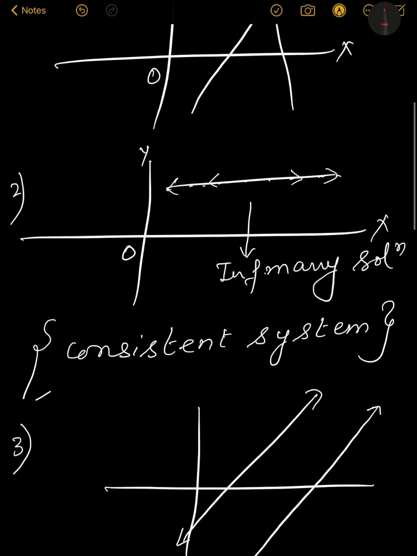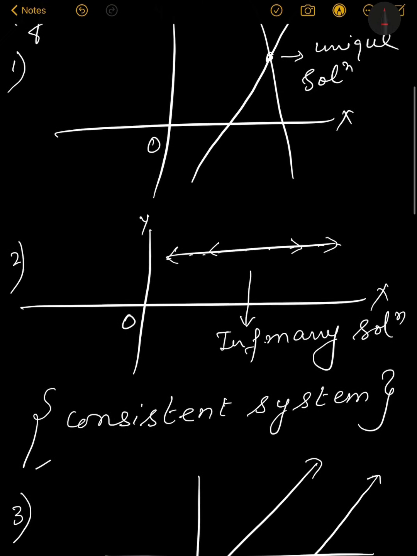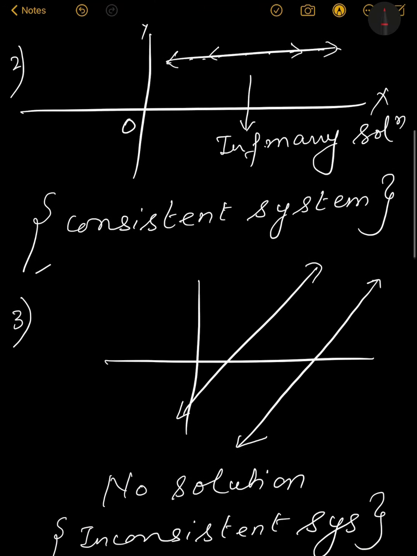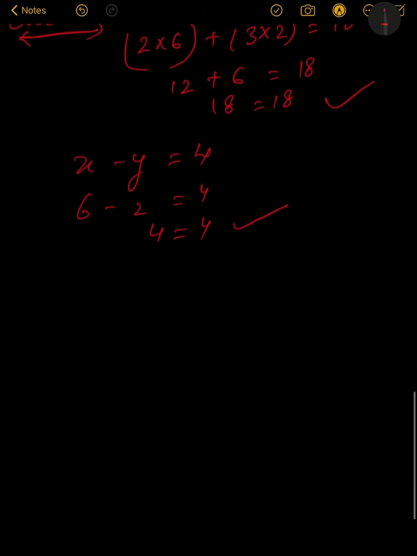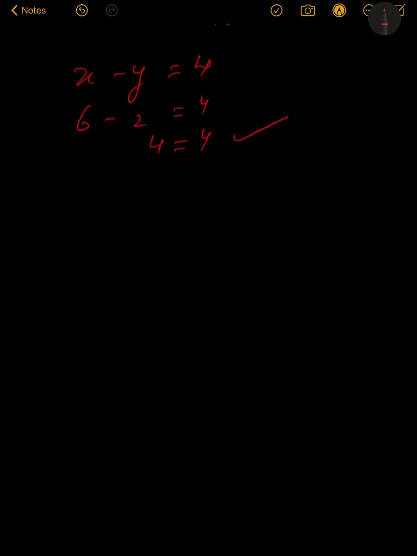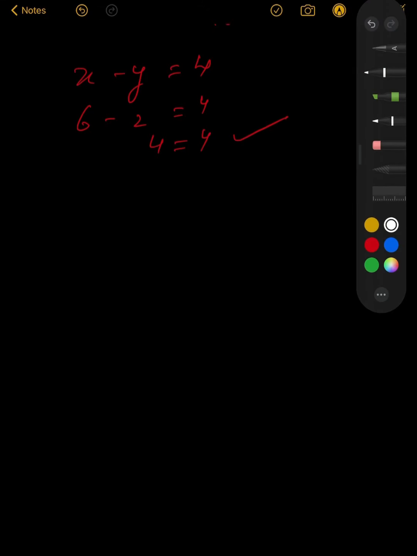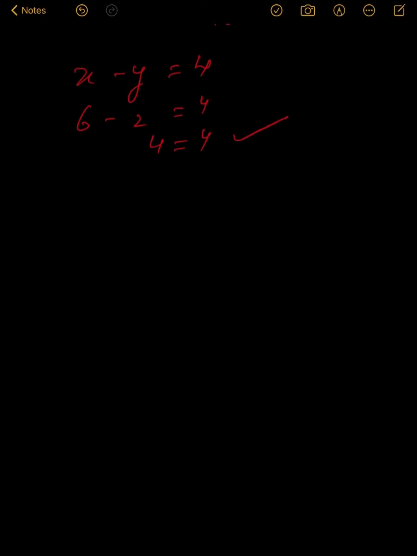This was the graphical method. Similarly, we can have infinitely many solutions if both the equations represent the same line, and if on the graph we are getting parallel lines, that means no solution and the system is inconsistent. Now next we move to a small method that is called the ratio method.